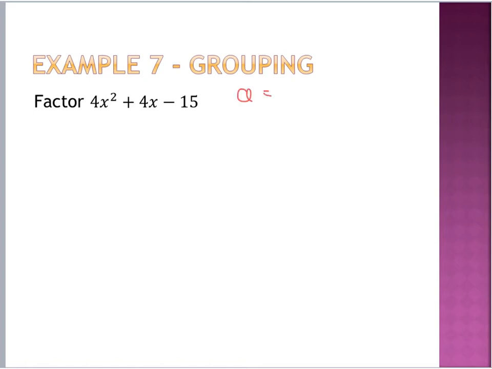My a is a positive 4, my b is also a positive 4, and my c is a negative 15. Remember, we're going to start out with the product of a times c, and in this case I have 4 times negative 15, which is a negative 60.